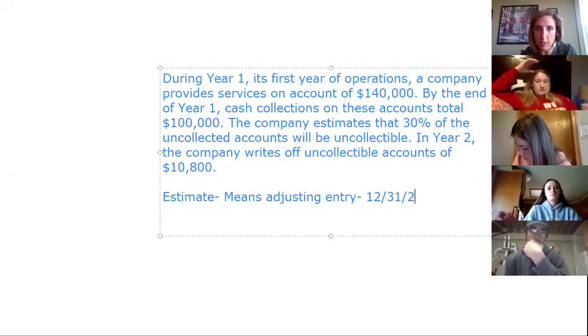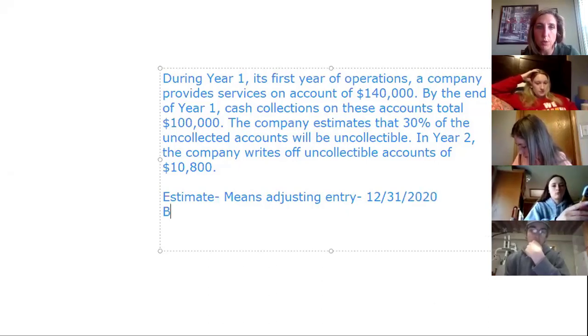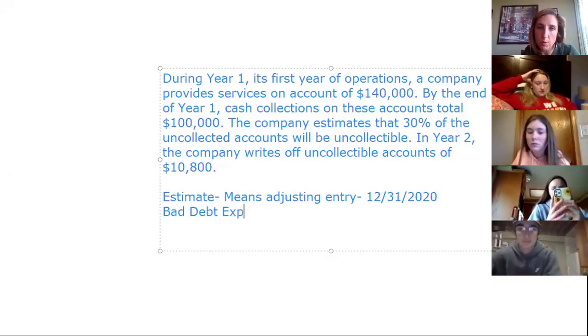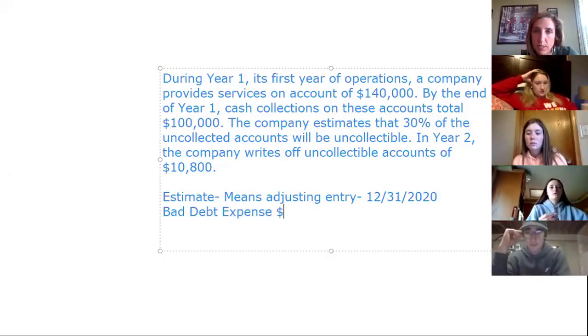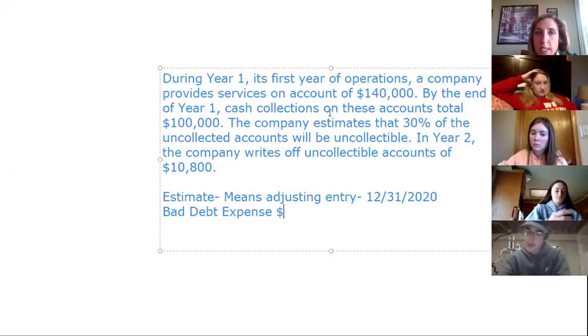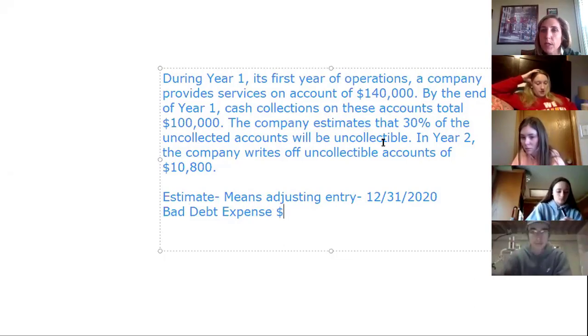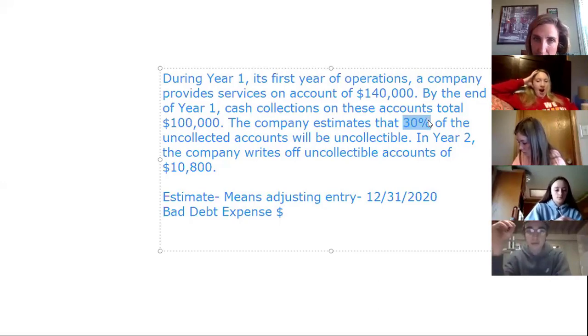I'm just going to make it the end of, I don't know what year it says. It doesn't say, it just says year 1. So let's make it year 2020. You are going to debit bad debt expense. Remember, a lot of your adjusting entries debit an expense account, and I'm going to debit bad debt expense for 30% of the accounts receivable balance.